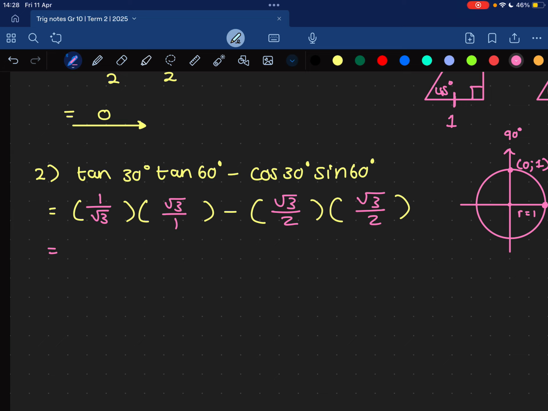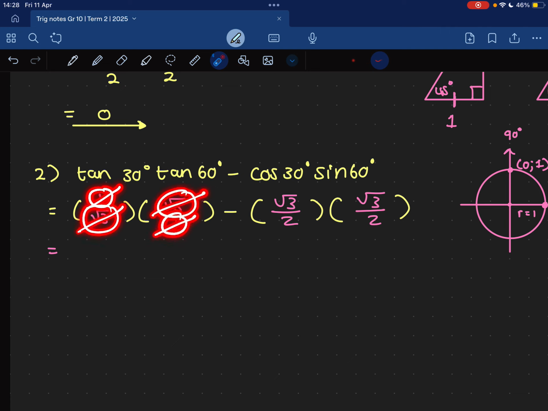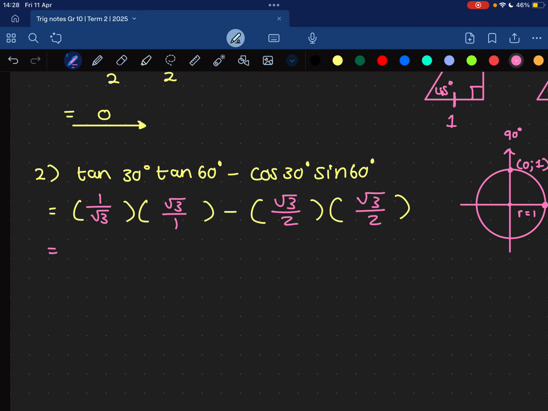Okay, so I'm going to multiply this. So this 1 will cancel with that 1, and that root 3 and that root 3 will cancel. They all cancel. So I'll just be left with 1 minus, now this will be root 3 times root 3. So remember from our rules that it's the same as 3 times 3.